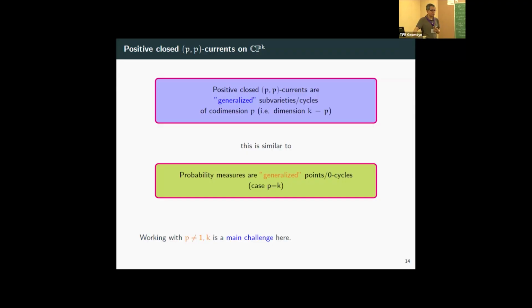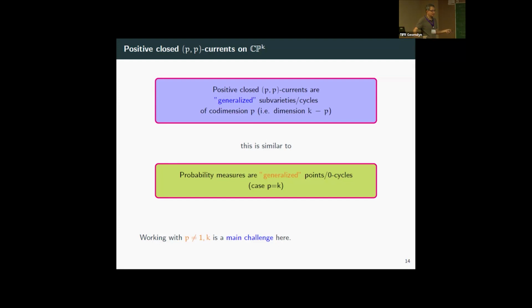Okay, so a positive closed current is the same in higher dimension. Instead of a subvariety of codimension p, or dimension k minus p, you have a generalized subvariety, which is called a positive closed current.